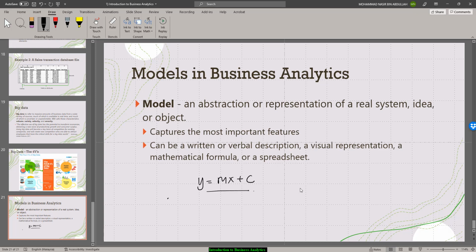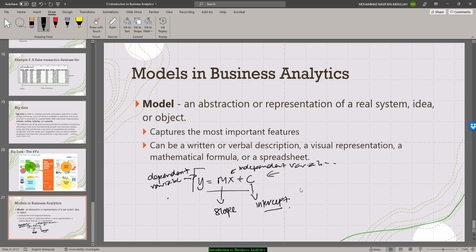Still remember it, right? This is a linear model. m is the slope, c is the intercept, y is the dependent variable, and x is the independent variable. So we are trying to build a mathematical model like this, right?